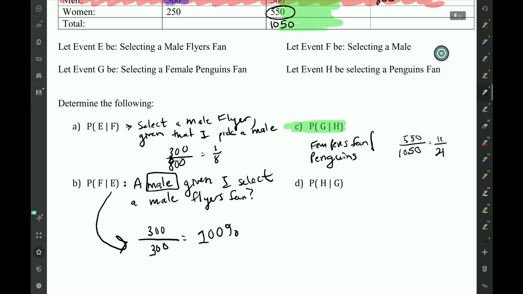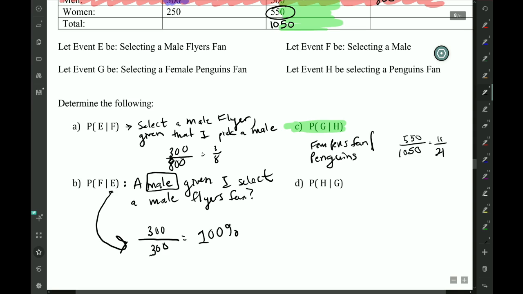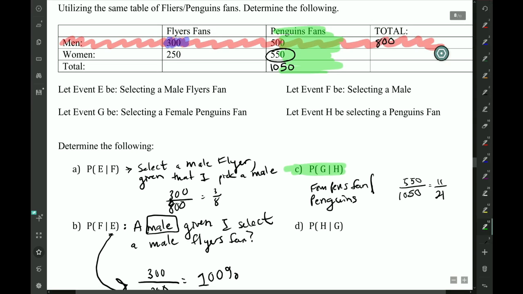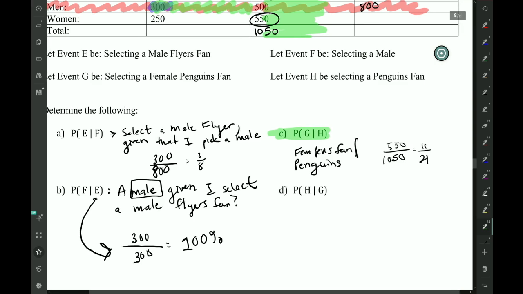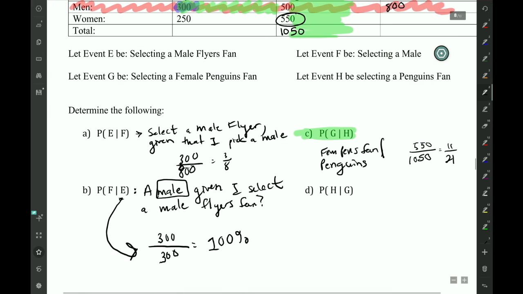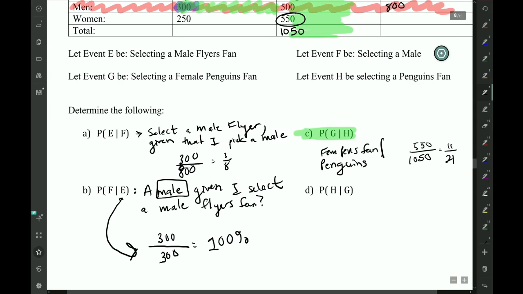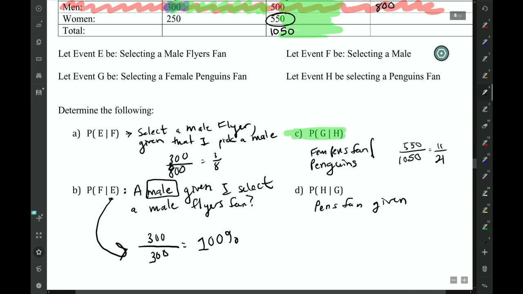It's telling you, hey, I selected event E, which is a male Flyers fan. So I'm already here. What is the probability that they're a guy? Well, if they're a male Flyers fan, they hopefully are a guy. Okay. H given G. Let's see here. This one's a little different. So now I have what is the probability of a Pens fan given that they are a female Penguins fan.